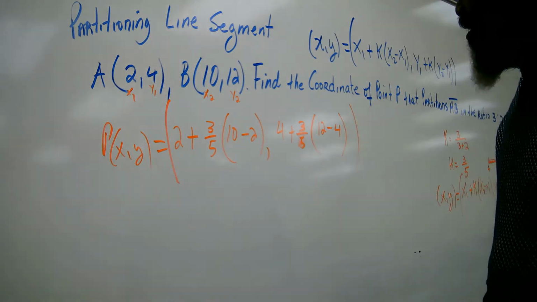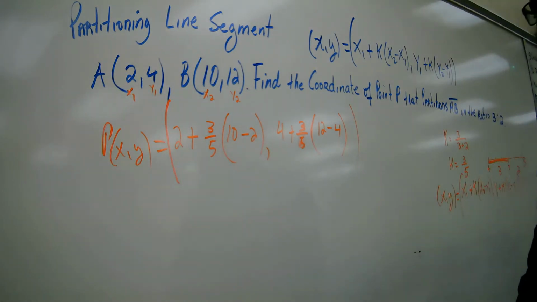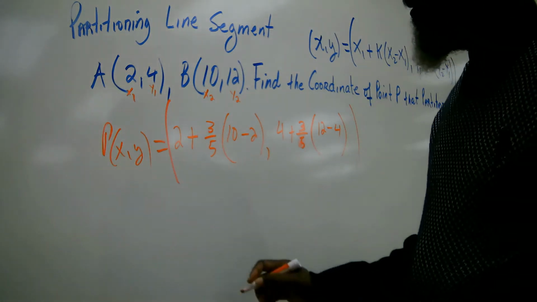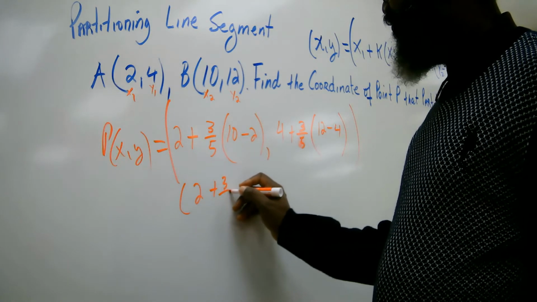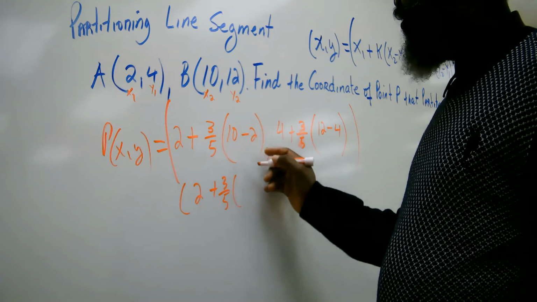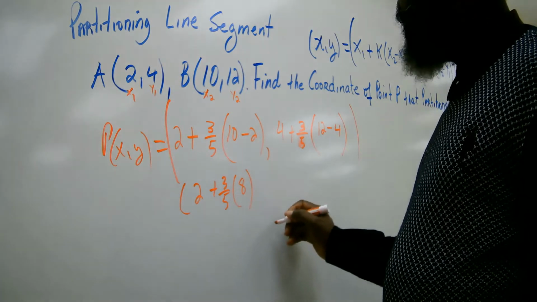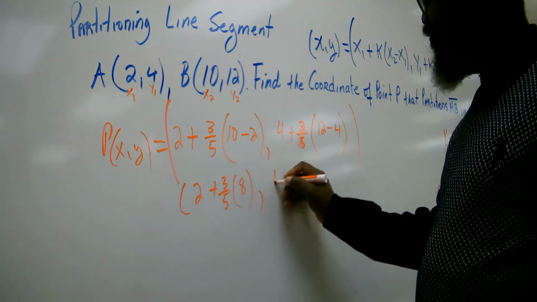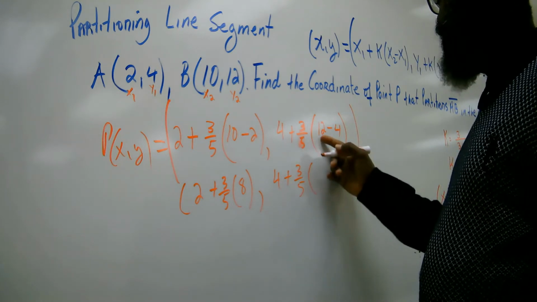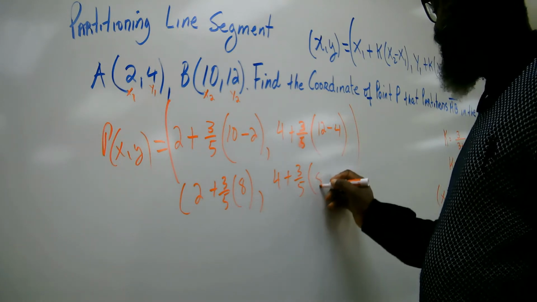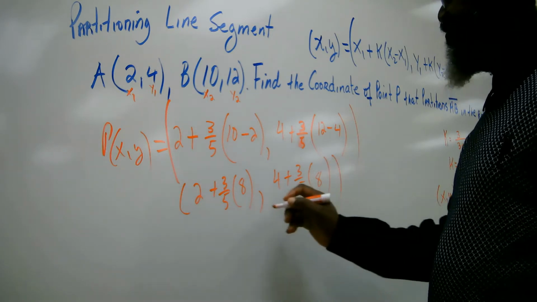Then that will be the point we are looking for. So we are ready to do some work. You will have 2 plus 3/5 times 10 minus 2, which is 8, comma, 4 plus 3/5 times 12 minus 4, which is 8.